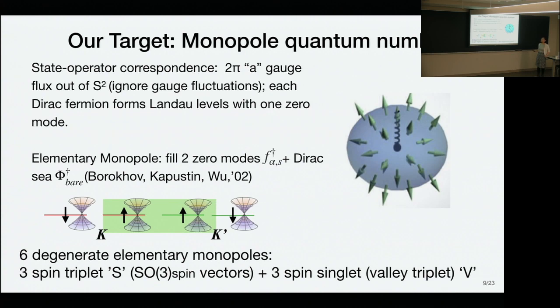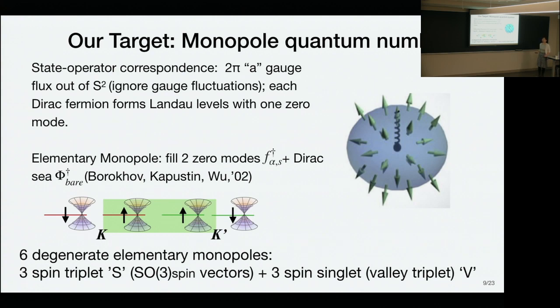The ground state is obtained by filling all the negative energy states, namely the Dirac sea. In addition, we fill 2 out of the 4 zero modes, namely to the particle hole symmetric point. In total, there are 6 different choices. So there are 6 degenerate elementary monopoles.